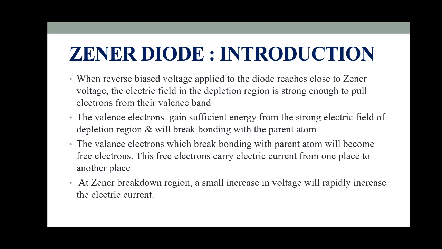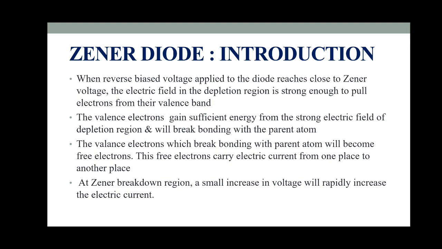The valence electrons gain sufficient energy from the strong electric field of the depletion region and will break bonding with the parent atom. The valence electrons which break bonding with the parent atom will now become free electrons, obviously. These free electrons carry electric current from one place to another.